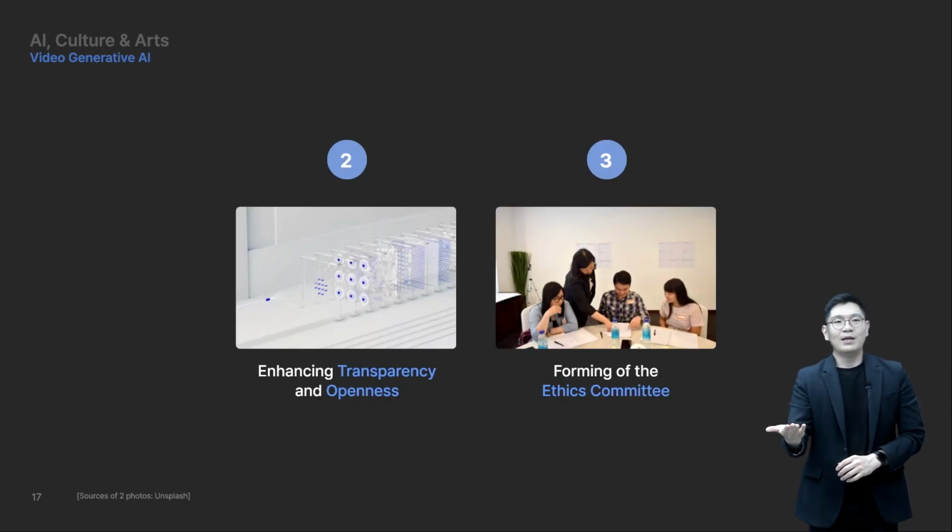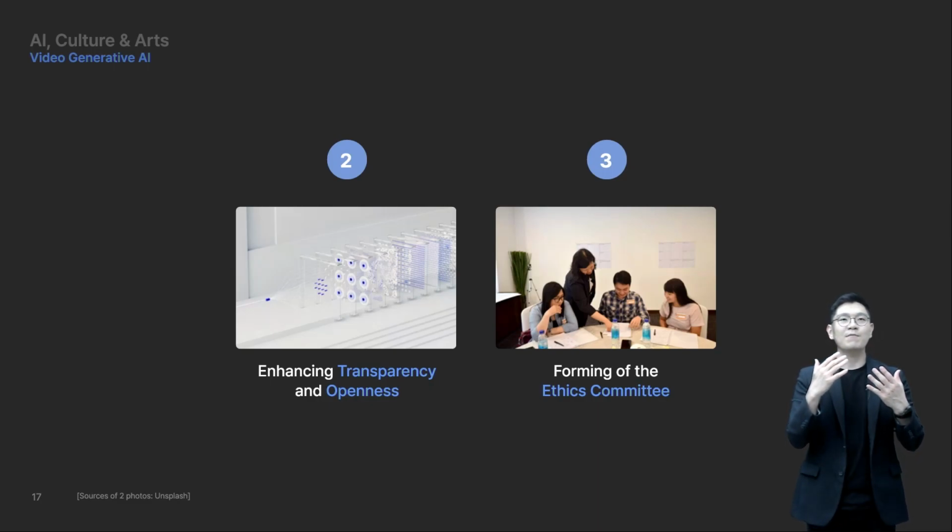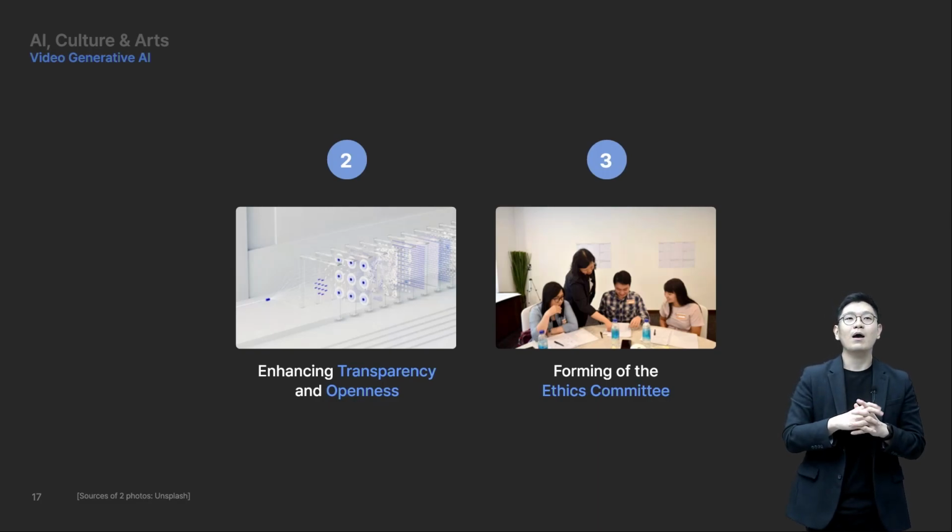And then, in addition, we must increase transparency and openness to allow for vigorous discussions. We should form an ethics committee to discuss the ethical issues that arise in video generative AI and work tirelessly to address them.